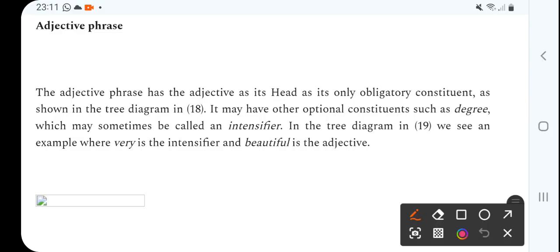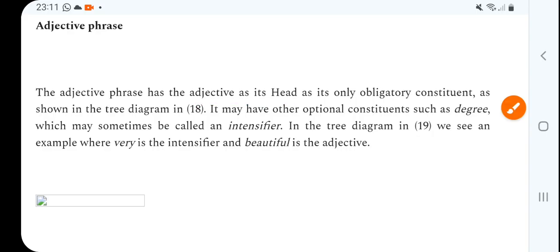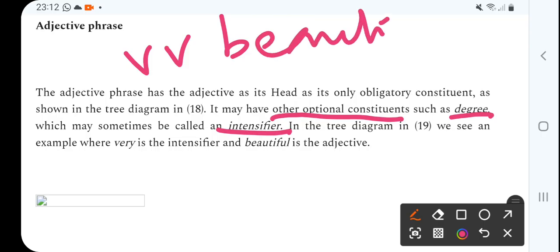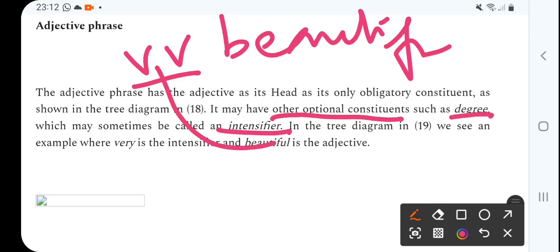As shown in tree diagram 18, it may also have an optional constituent such as a degree word, which may sometimes be called an intensifier. For example, very beautiful: very is the intensifier because it intensifies the beauty.